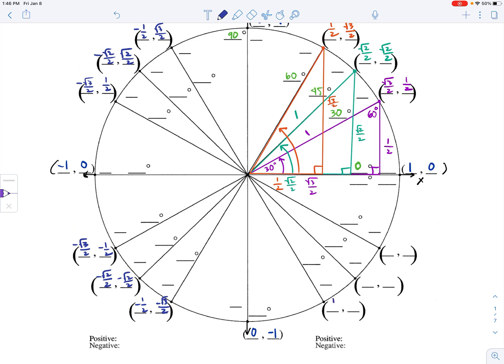And then reflecting those points back over the y-axis, then the x-coordinates are positive, but the y-coordinates are still negative. Oh, that one would be negative.